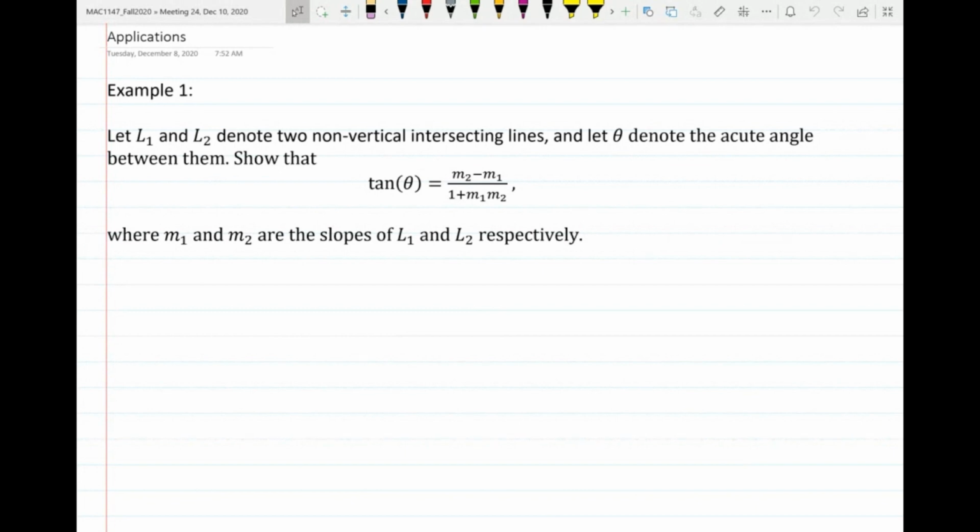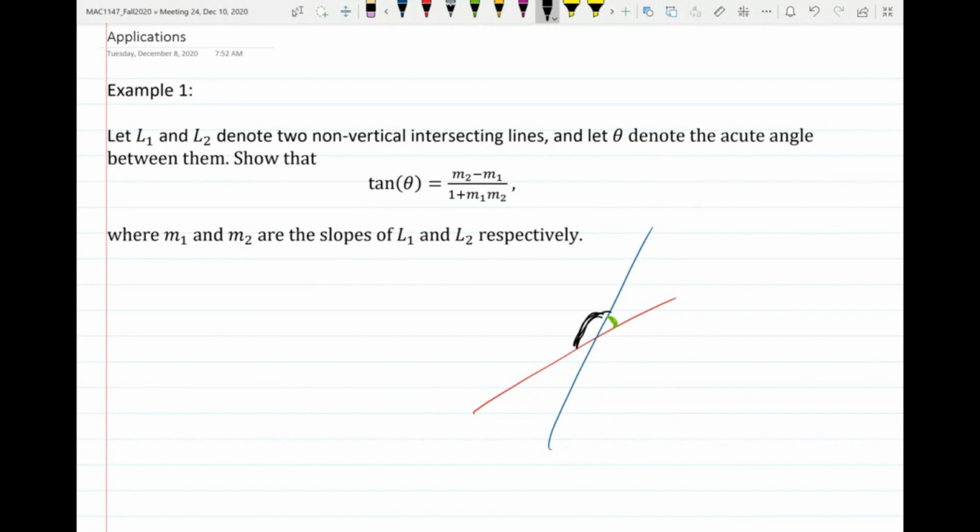So you have two lines, randomly drawn, L1, L2, and as you know, when two lines intersect, there are two angles that are created. There are four, but they come in pairs because they are equal to each other, right? We have this little angle right here, the green, and then we have this angle here.